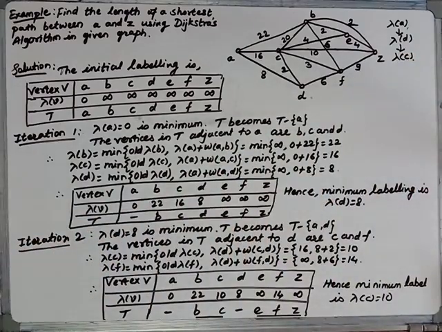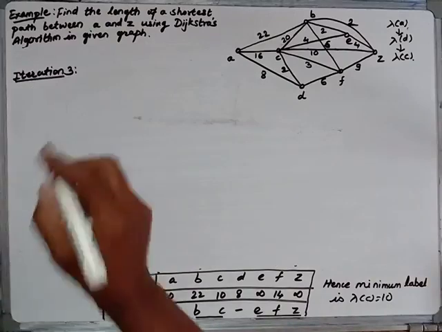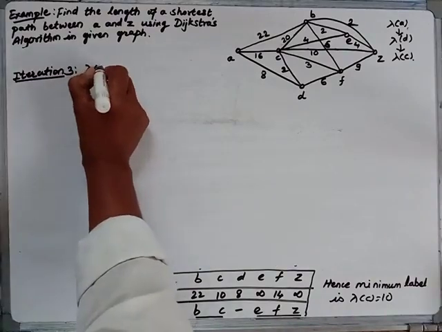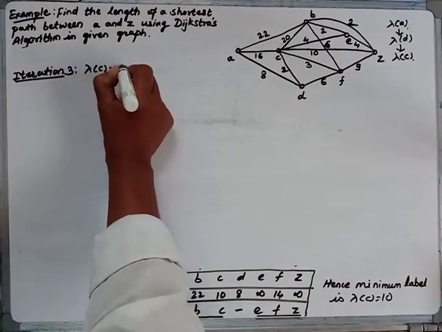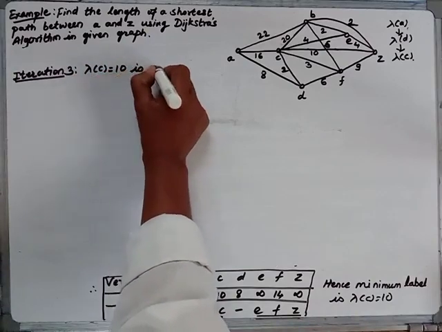Let's find the labeling, the new table, for this lambda of C. Iteration 3: lambda of C equal to 10 is minimum.